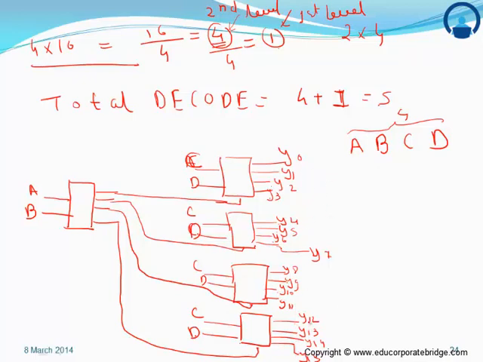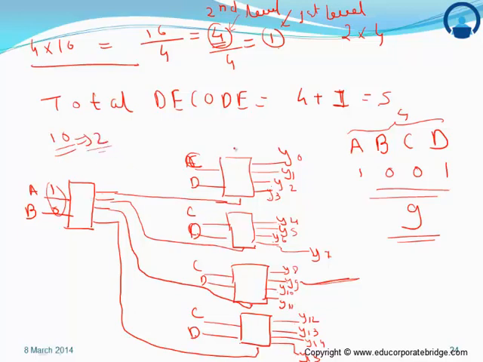That is a total of 16. So let's take a random value, 1001. This equals 9. So in this case output 9 is selected. Now let's work out how 9 is selected. Let's say A is 1, B is 0. The decimal equivalent of 1 0 is 2, which shows that among decoder 0, 1, 2 and 3, decoder number 2 is selected.